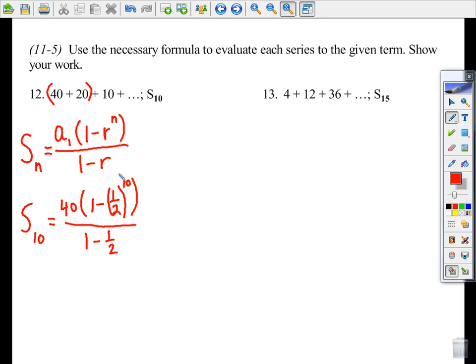And then I'm just going to go ahead and divide by 1/2 instead of dividing by 1 minus 1/2, because we know that 1 minus 1/2 is 1/2. All right. And the result is 79.92 after rounding.